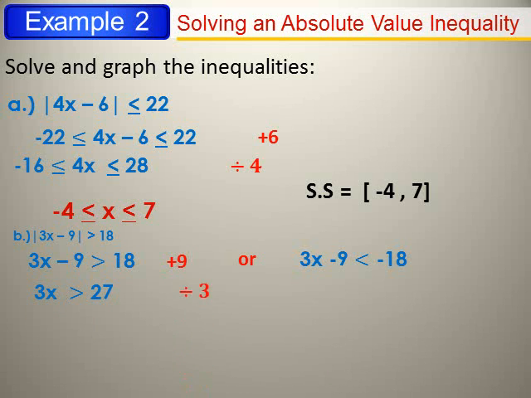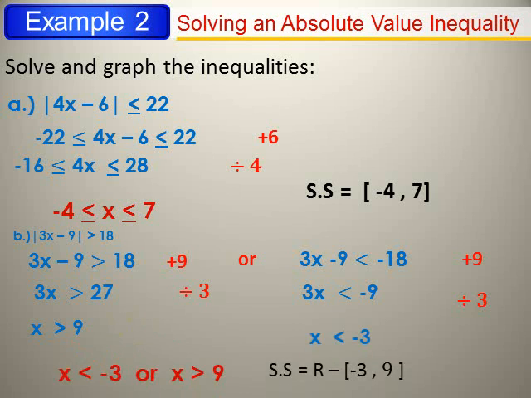X greater than 9. And also 3x less than negative 9. Finally, x less than negative 3. So here the solution set will be R, except from negative 3 to 9, but it was open, so I'm going to close the interval.